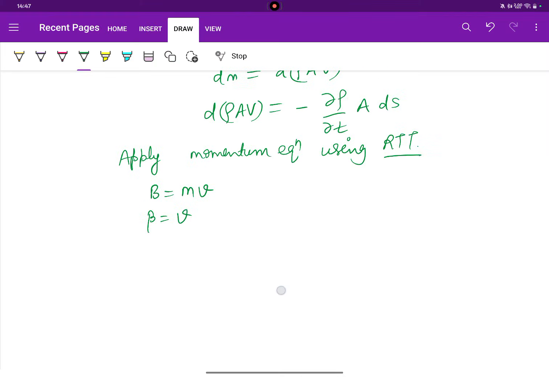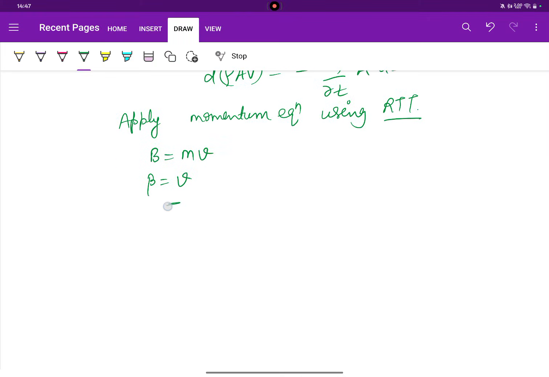So when you apply here, basically total force F is going to be what? It is going to be d by dt, just like the last time, of rho beta dv. So beta is B by mass.